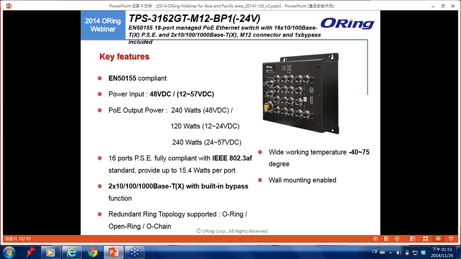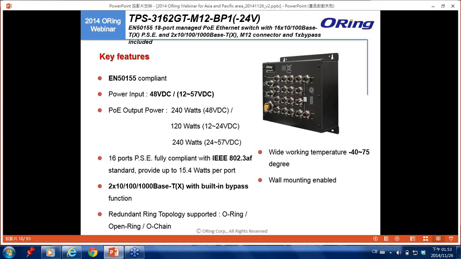So you can see the power input for the standard model will be 48 volt DC, and for the 24 volt model, the power input will be from 12 to 57 volt DC, and down here you can find out the PoE output power.